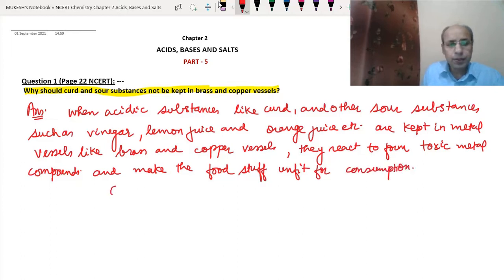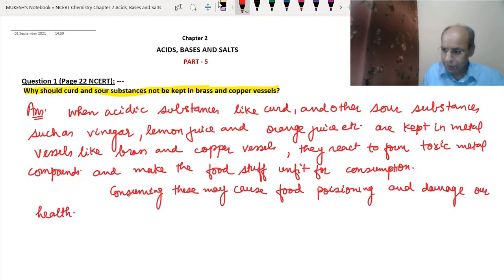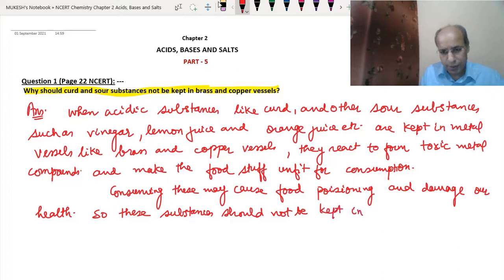Consuming these may cause food poisoning and damage our health. So these substances should not be kept in brass and copper vessels.